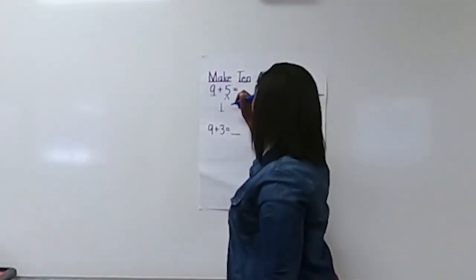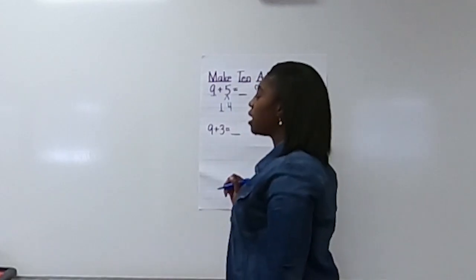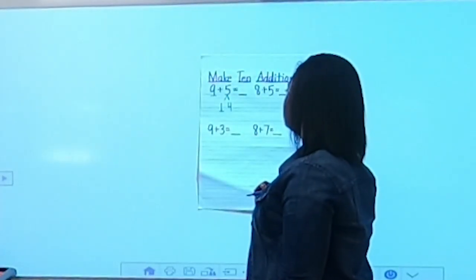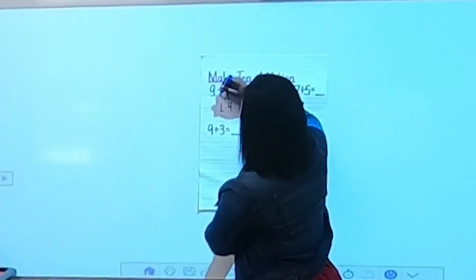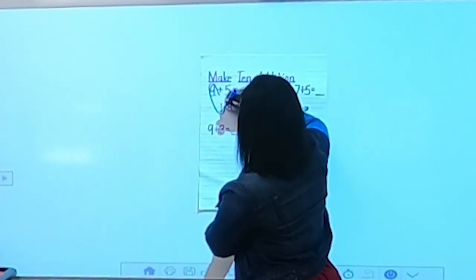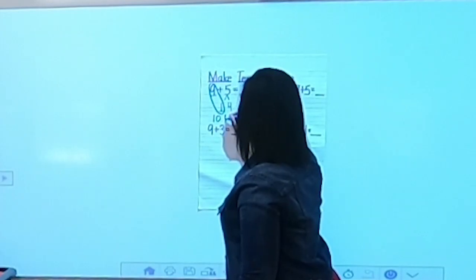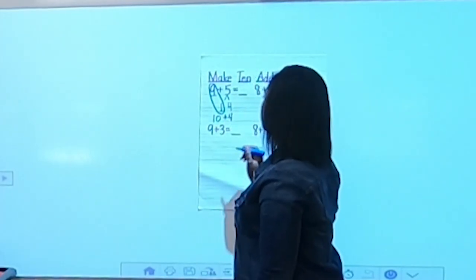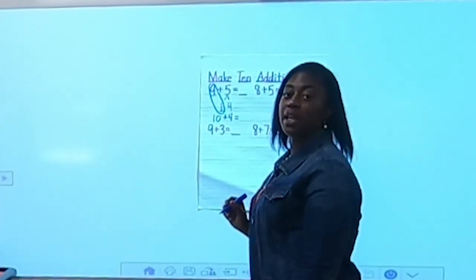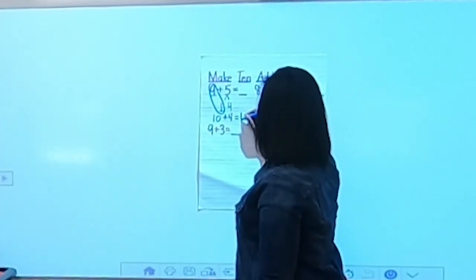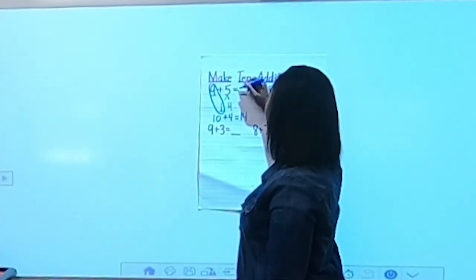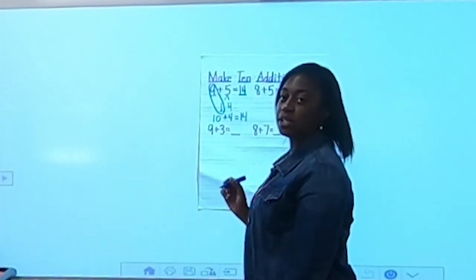Very good. 1 and 4 makes 5. We're going to circle the 9 and 1 to show that is our 10. And then we have to add back up the 4. 10 plus 4 is 14. Therefore, 9 plus 5 is also 14.